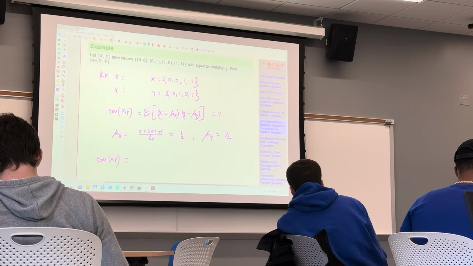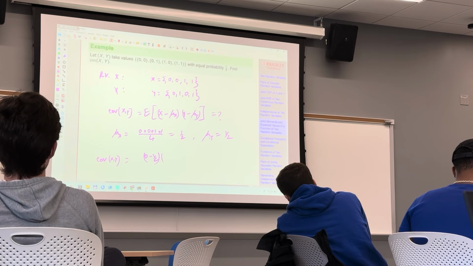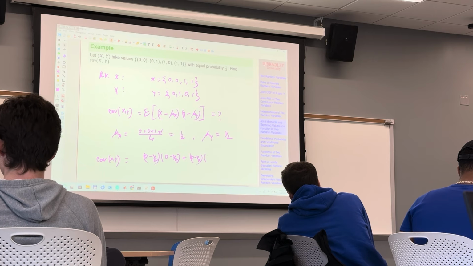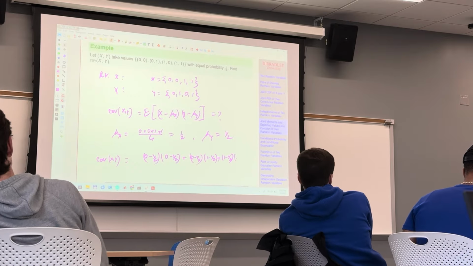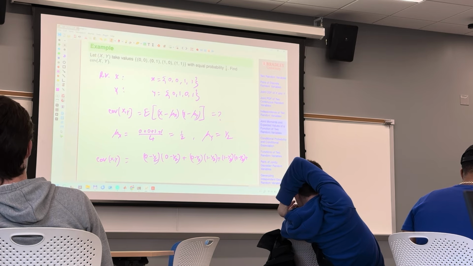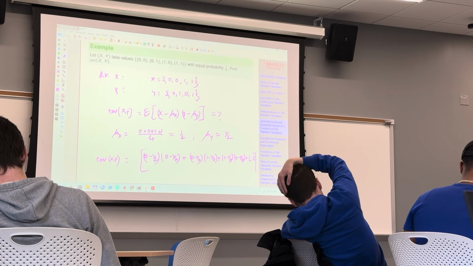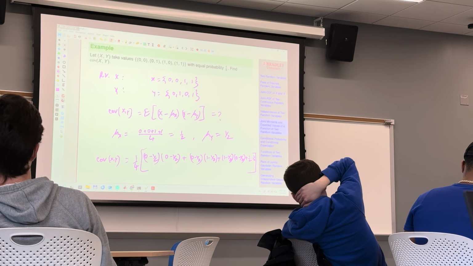So you have x minus mu sub x, so 0 minus half, and y minus mu sub y, which is 0 minus half, plus 0 minus half again, times 1 minus half, plus 1 minus half times 0 minus half, and the last quantity is 1 minus half times 1 minus half, which is half times half. And you simply divide it by 4.